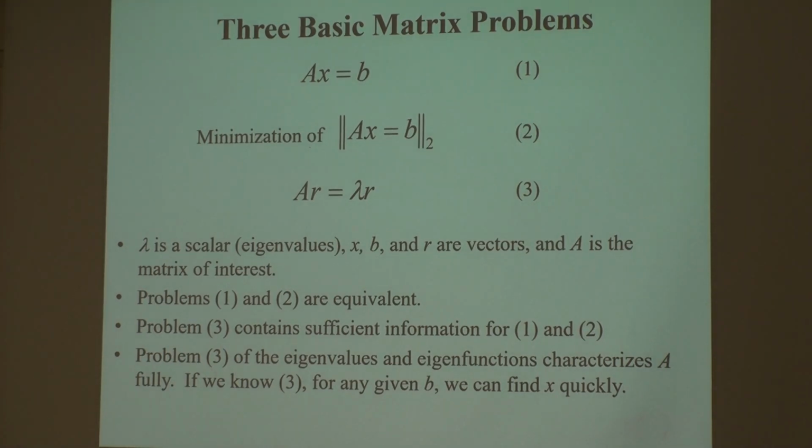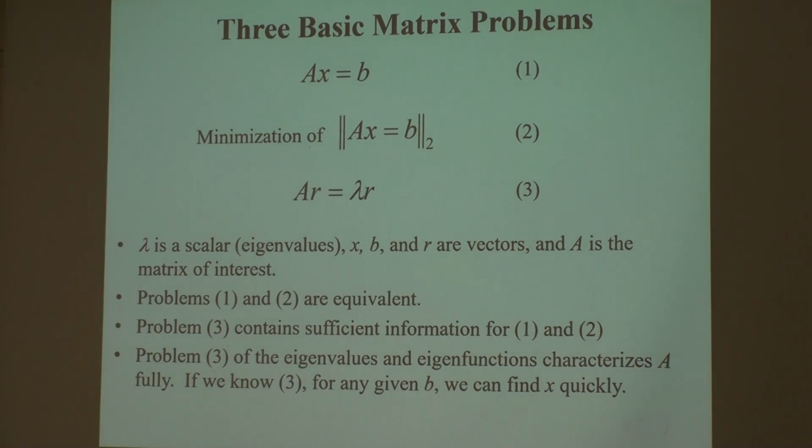If the matrix eigenvalues and eigenvectors are known, then any further computation is so easy. This is a harder problem, but you get everything in there. Ax equal to b, you solve for x, depending on how much information is in b.